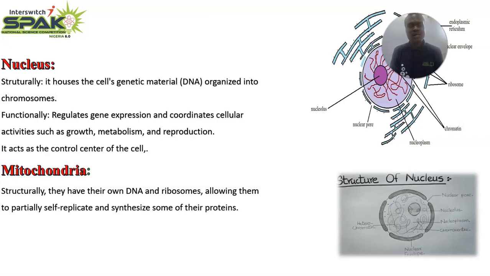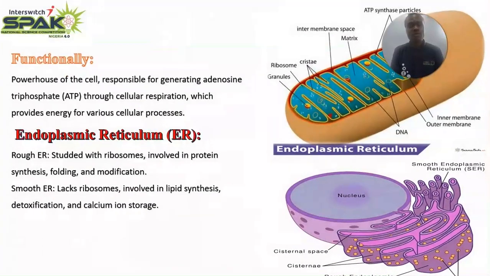It coordinates cellular activities like growth, metabolism, and reproduction. It's the control center of the cell, just like the brain is the control center for the human body. Now, the mitochondria, which is usually referred to as the powerhouse of the cell, is responsible for generating energy in the form of ATP.